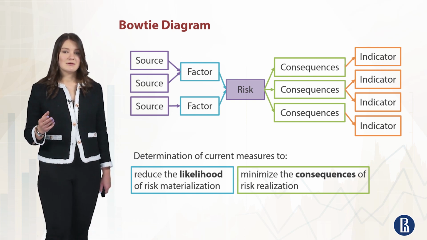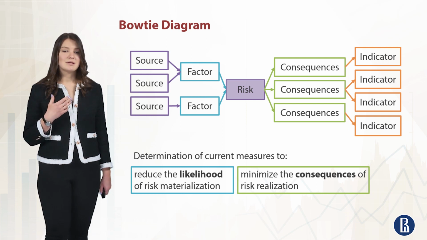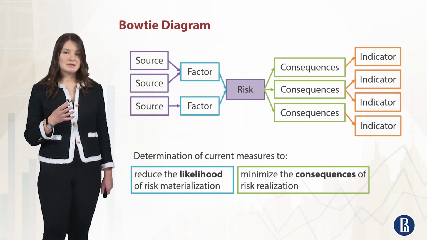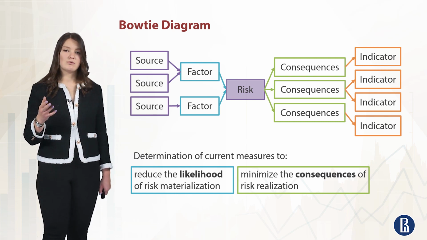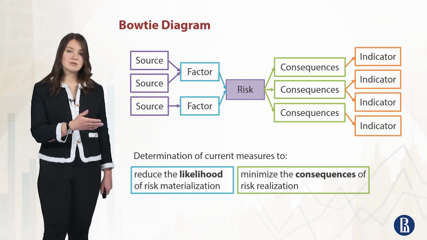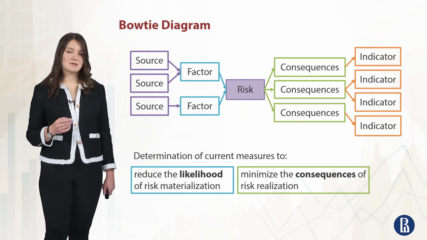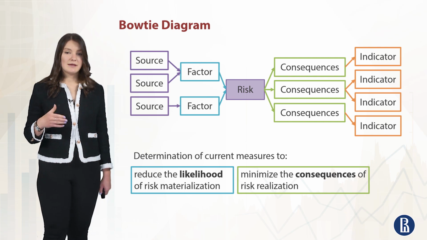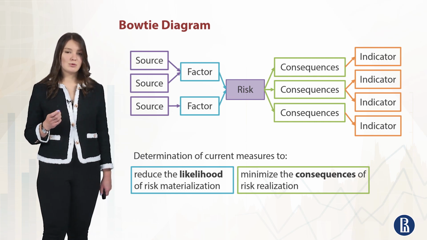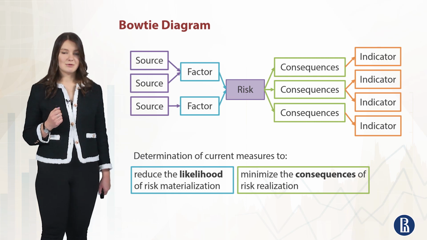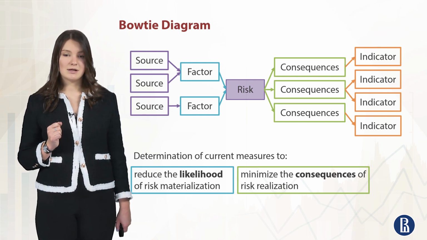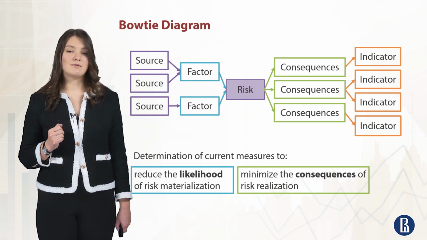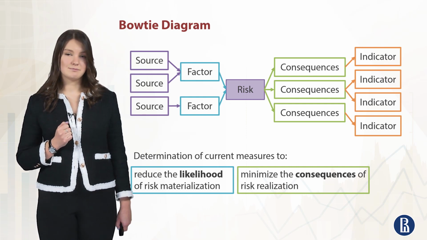It is called that because it looks like a bow tie for men, and it is a simple combination of two toolsets: fault trees that analyze the causes of the event on the left side of the diagram, and event trees, which maybe you also know, on the right-hand side of the bow-tie diagram. And the knot of this bow-tie diagram is our risk for which we are making the analysis.